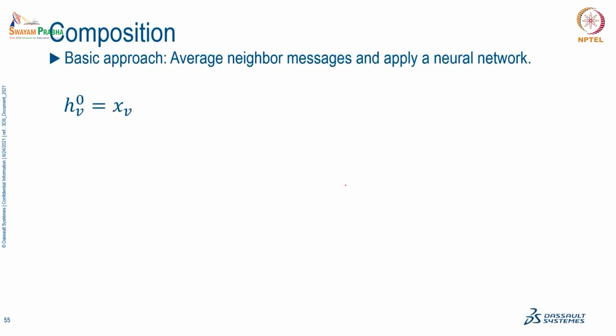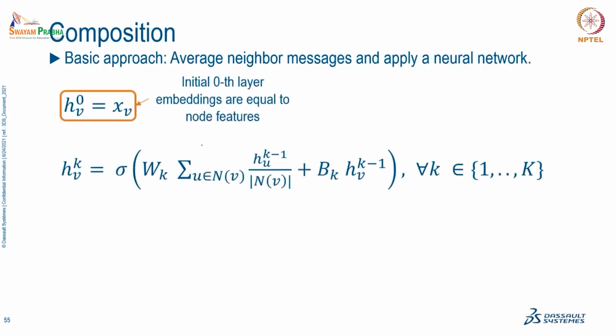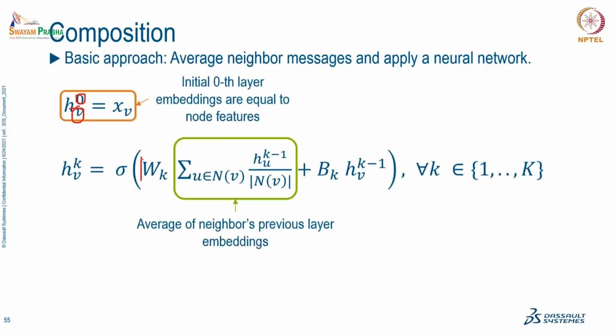And composition is just, as already mentioned, the first layer is the initial layer, and that is the feature vector itself. This is the layer number, and this is the node u or v, whichever it is. This is the feature vector. Now this is the parameter.